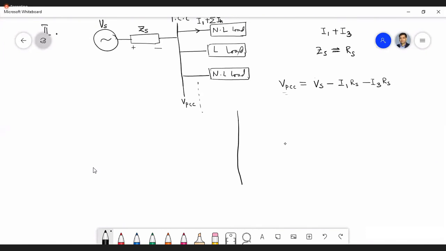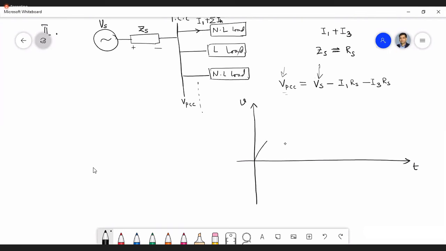Now let me derive this by drawing the curves for individual components. All these are voltages, so let me define the y-axis as voltage. Now this VPCC, I don't know; I want to determine this. Now Vs, what is the nature of Vs? I am assuming Vs purely sinusoidal, because at some point you have to start with some assumption. So Vs is exactly sinusoidal.